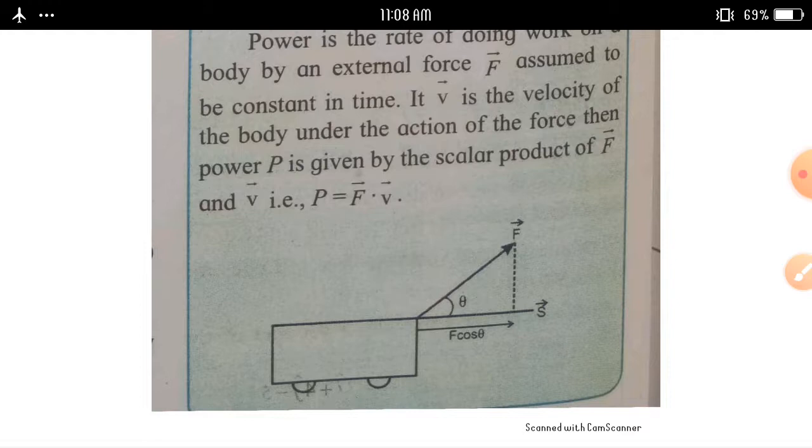A toy car is pulled through a displacement s bar. The force F bar responsible for this is not in the direction of s bar.